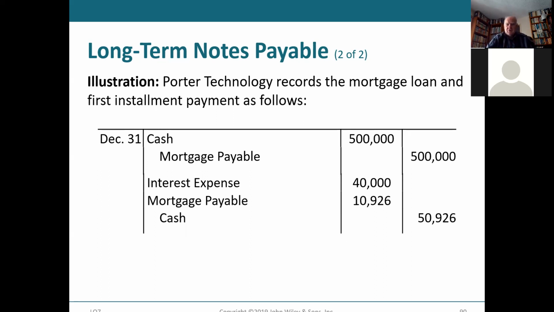In a mortgage situation, Derek, typically with your first few payments, very little of the payable goes down. You notice that they're paying $51,000, but only 10,000 is going to reduce the mortgage. Normally, if it was a 30-year mortgage, that number would be like $30. It's that small when you start. And then as the payments go on year after year, each payment takes more and more out of the payable.